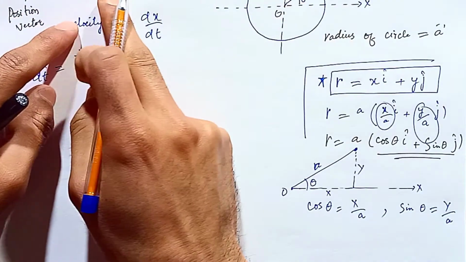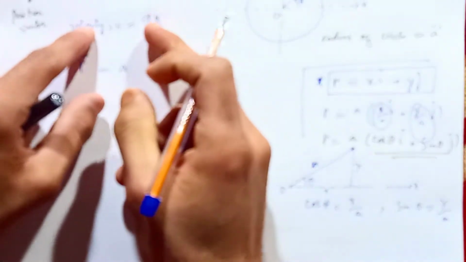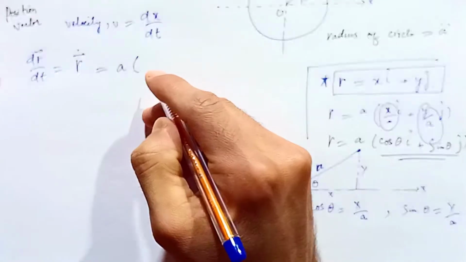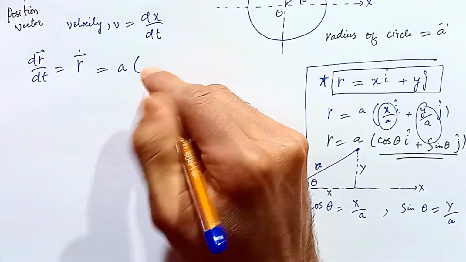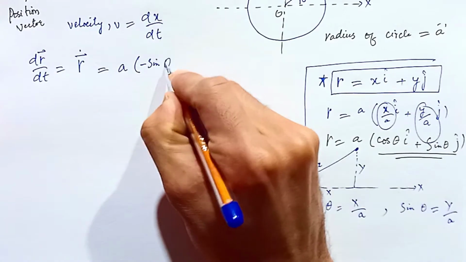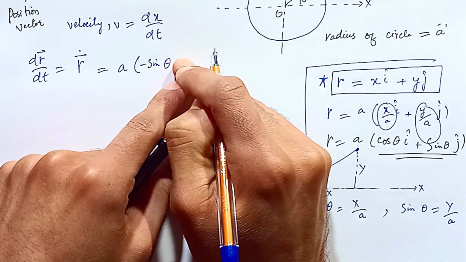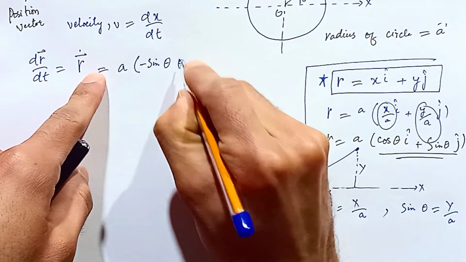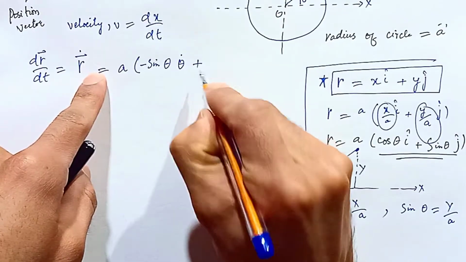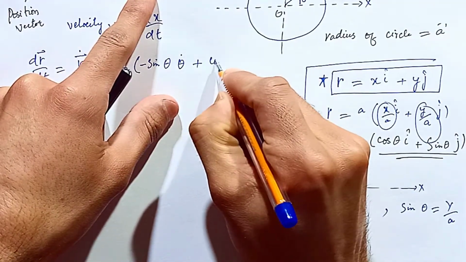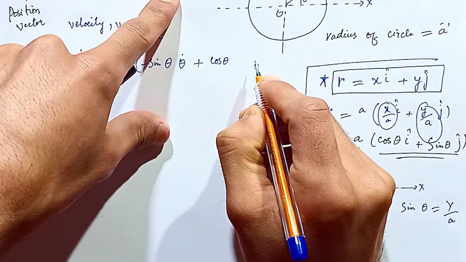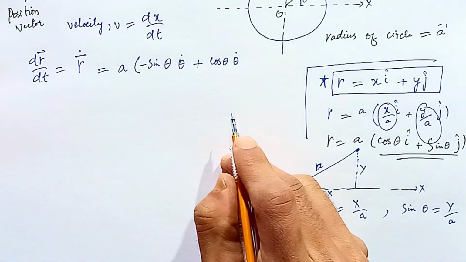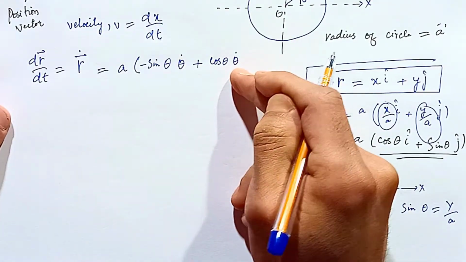So we have to differentiate cos theta also, from the chain rule of differentiation. You might have already done that. The differentiation of cosine of theta is minus sine of theta multiplied by the differentiation of theta with respect to time, that will be theta dot, plus the differentiation of sine, which is cosine of theta, and the differentiation of theta itself, d by dt of theta, written as theta dot.